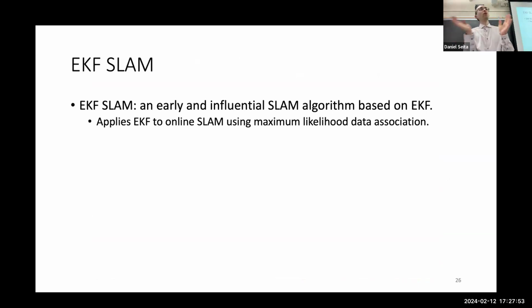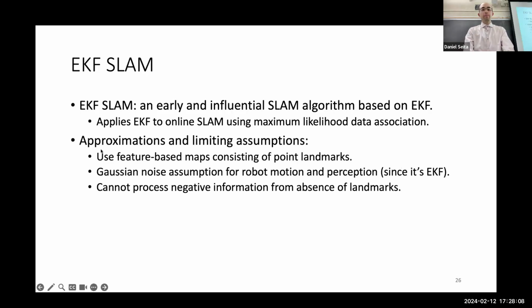So just like with localization, where there's a form of using extended Kalman filters for localization, you can also do extended Kalman filters for SLAM. And again, the approximation and assumption that we're making here is that we're using feature-based maps which have point landmarks.